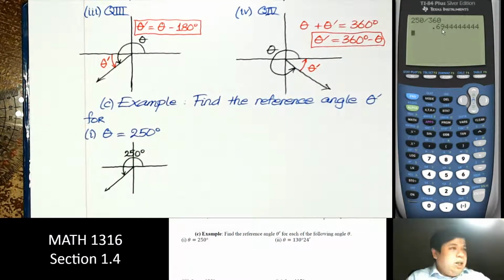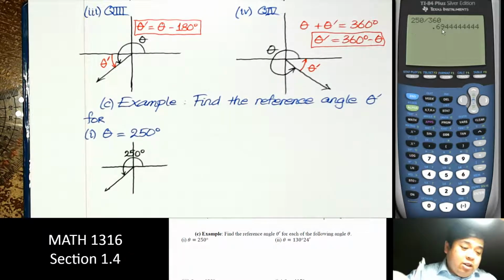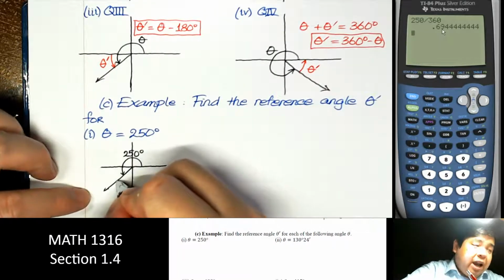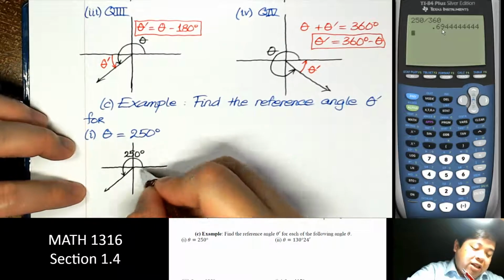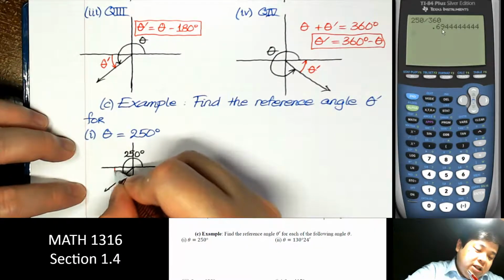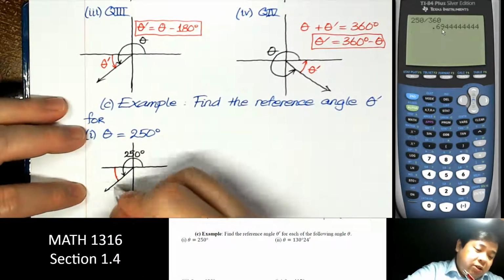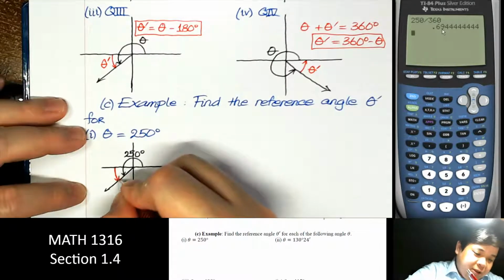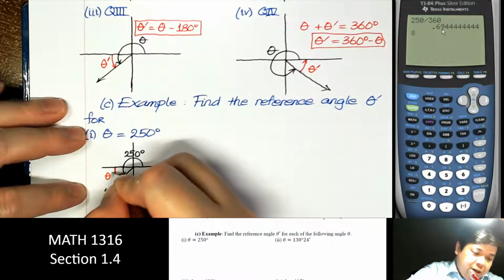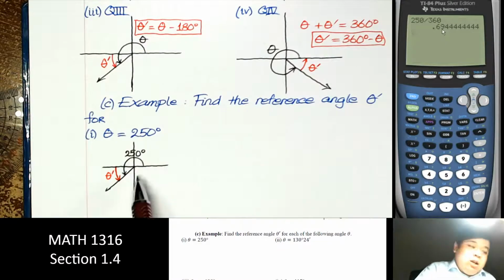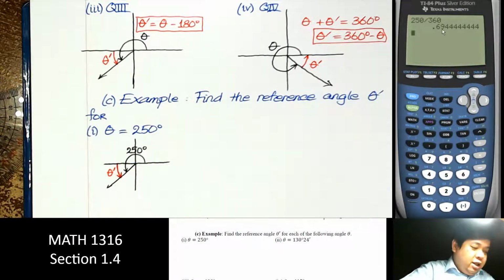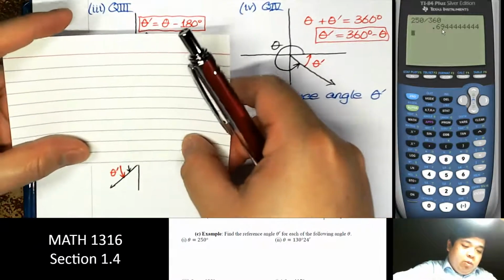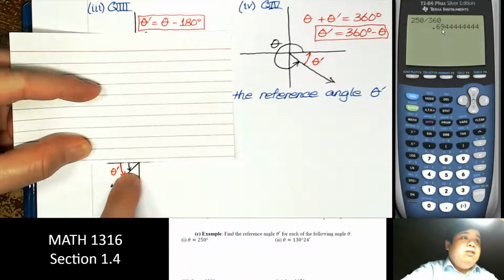In quadrant 3, how do we find the reference angle? The reference angle is made by the terminal side and either the positive or negative x-axis, whatever gives us a positive acute angle. So that's going to be theta prime. So we take 250 degrees and take away 180, which gives us theta prime.